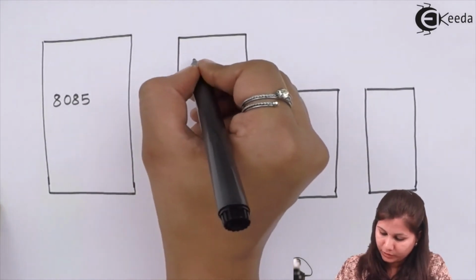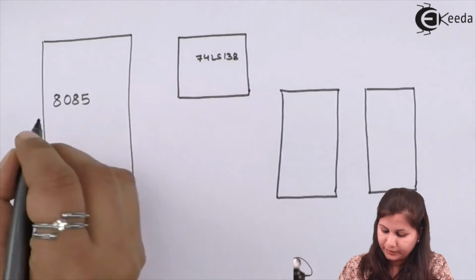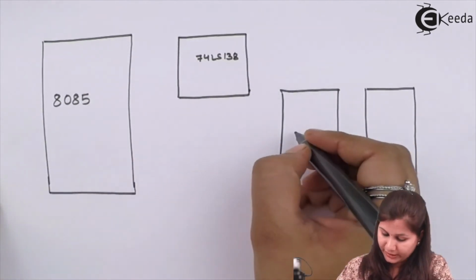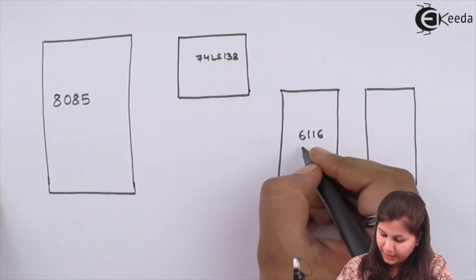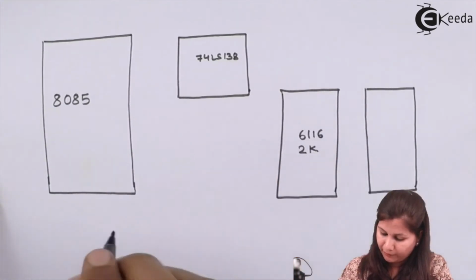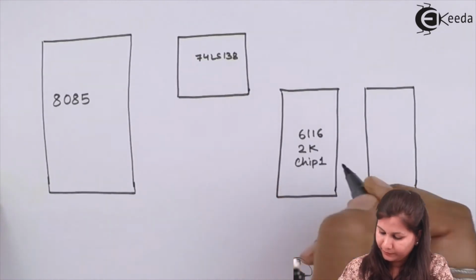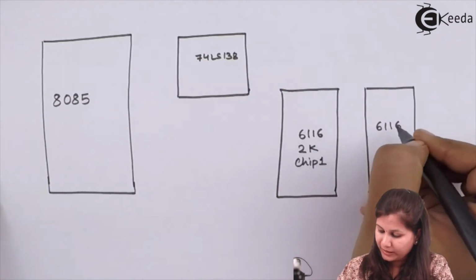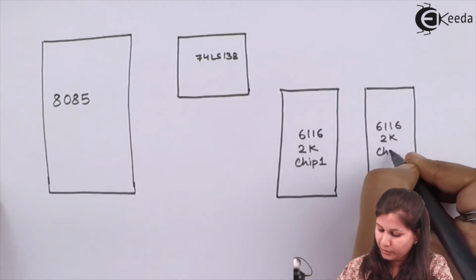This is the decoder 74LS138. This is the 8085 microprocessor. It is chip number 1, a 6116, which is a 2 kilobyte memory, and this is chip number 1. This is again a 6116 IC, 2 kilobytes of memory, chip number 2.